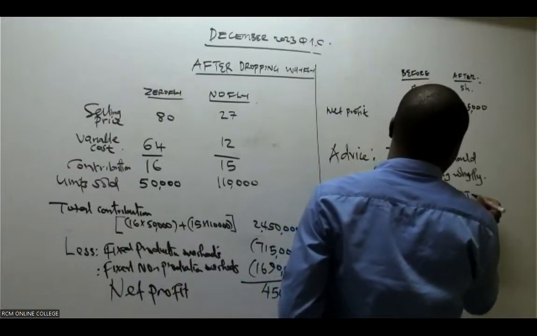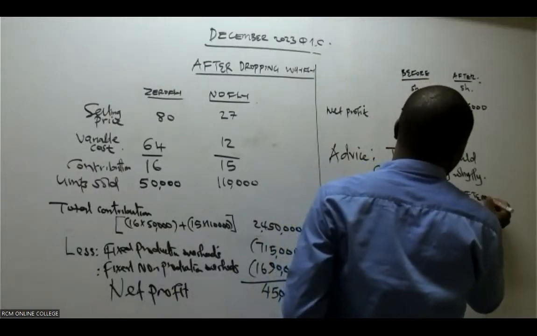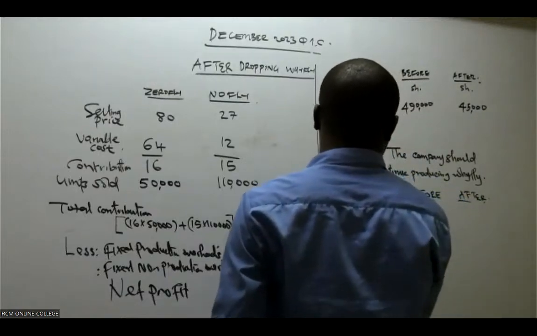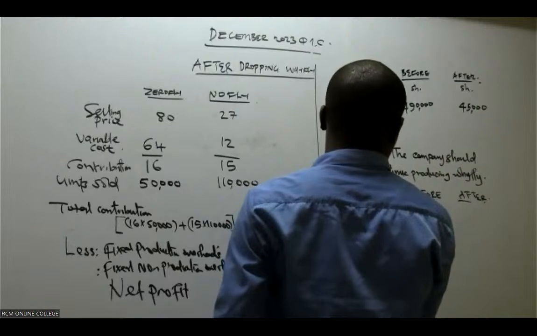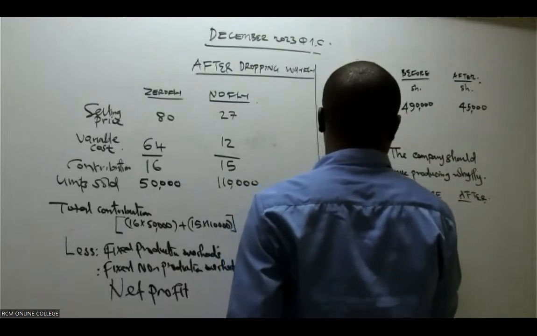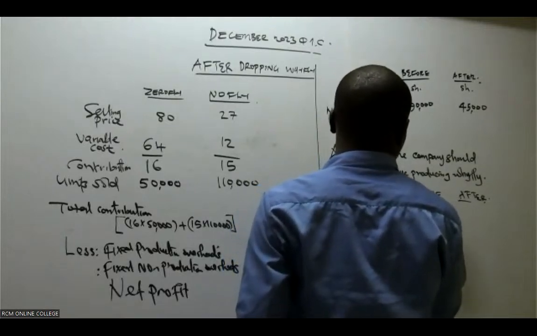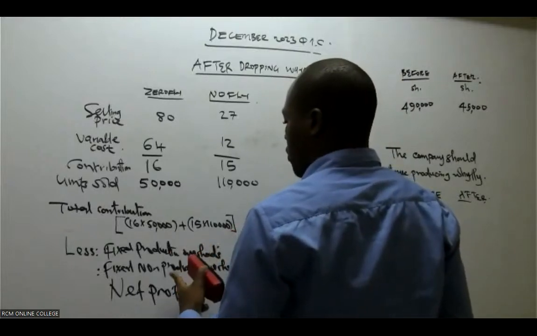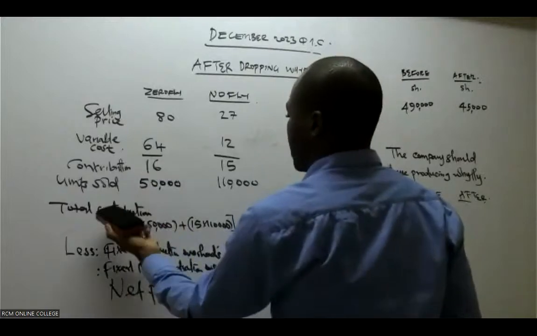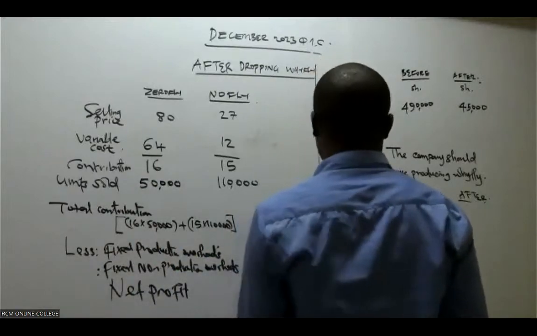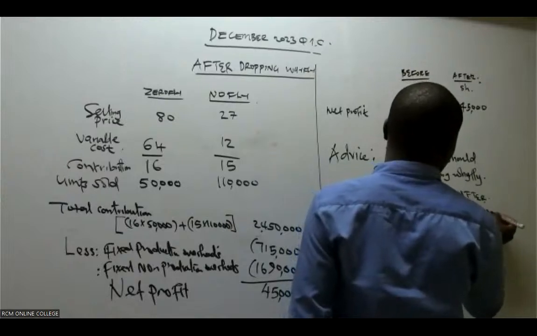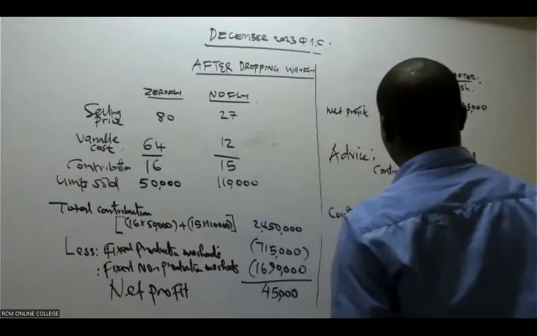Then we have after. So we have contribution. Before we add 2180. Before or after, now our total contribution is 24.50. That's another way of looking at it, 24.50.